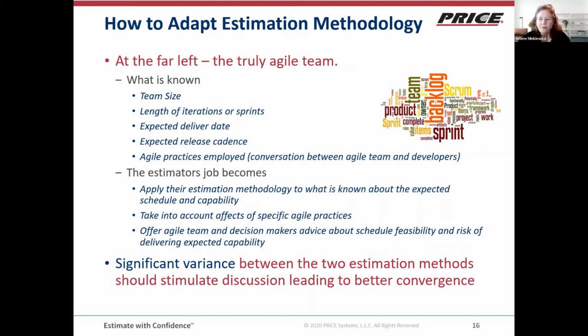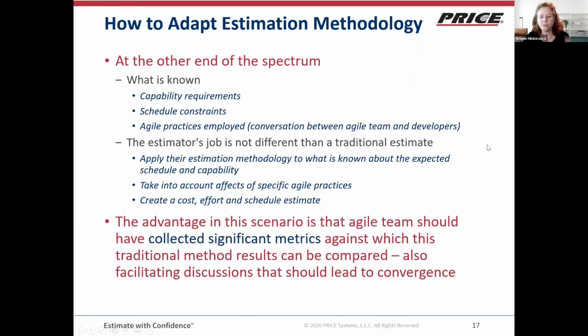If there are variances between the two estimates, knowing when it's due and how many people you have working, and the estimate based on some estimating methodology besides just mathematics, it should stimulate discussion and lead to better convergence. So even a truly Agile team should take advantage of an estimating team when one is available, because it's a good sounding board.